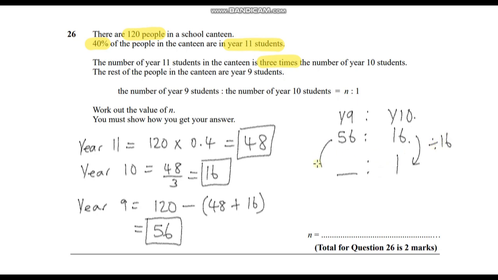So we have to do exactly the same to this number. We need to divide 56 by 16. That gives us 3.5. So the ratio is 3.5 to 1. So work out the value of n. Well, the value of n is 3.5. And we've got all of our workings out here.